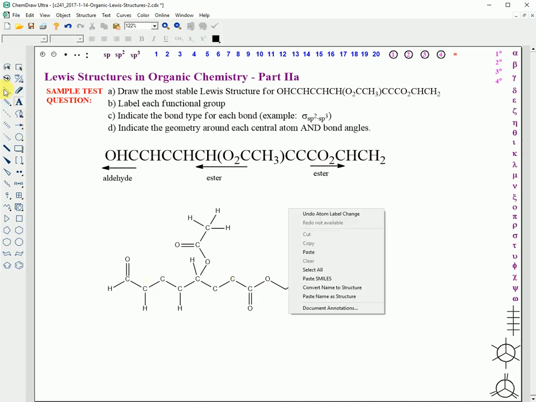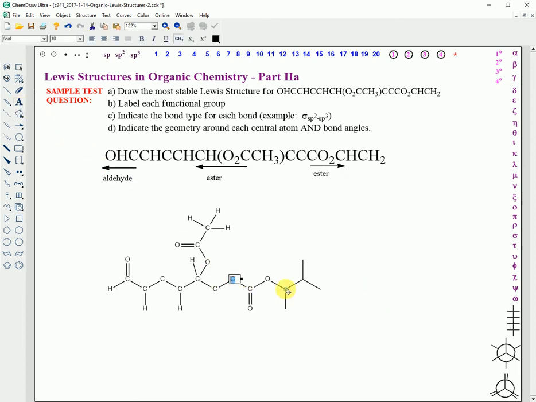The O is attached to a C with one bond to H, which is attached to a C with two bonds to H. Clearly this is all extraneous now. Here's my C and my other C, and these are H's.